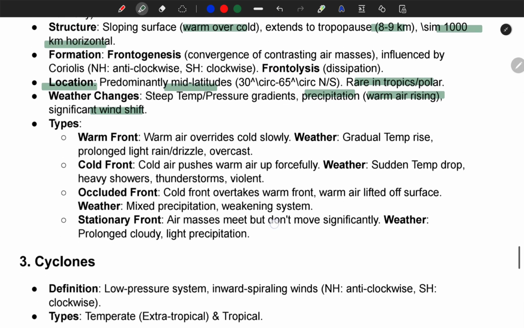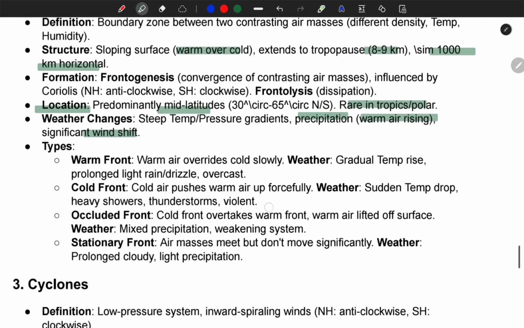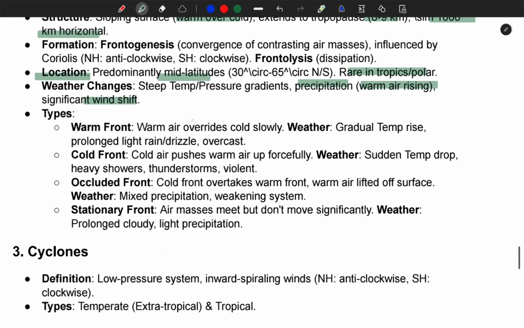Next are types of fronts. First is warm front: warm air overrides cold slowly. Weather: gradual temperature rise, prolonged light rain, drizzle, overcast. Cold front: cold air pushes warm air up forcefully. Weather: sudden temperature drop, heavy showers, thunderstorm, violent.